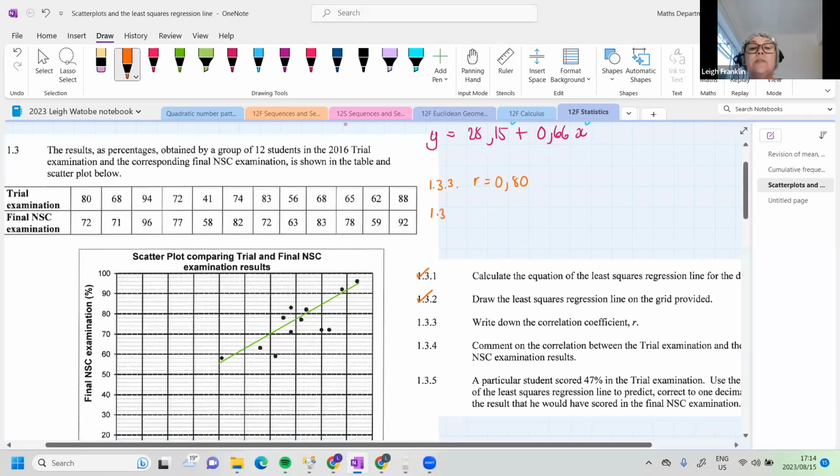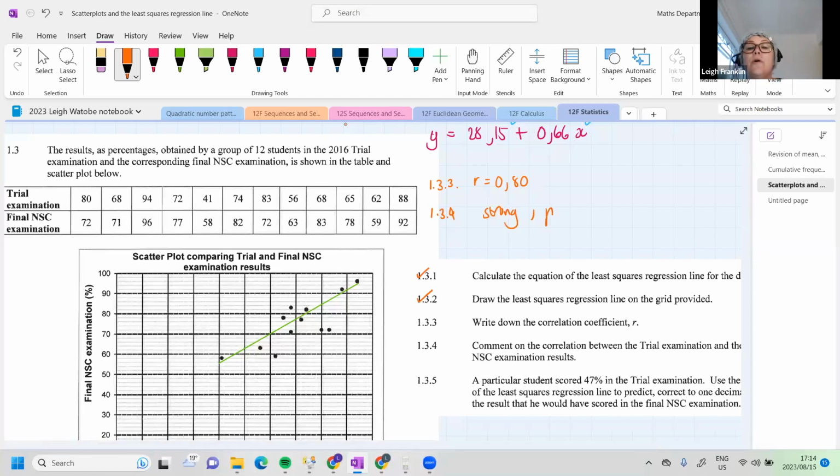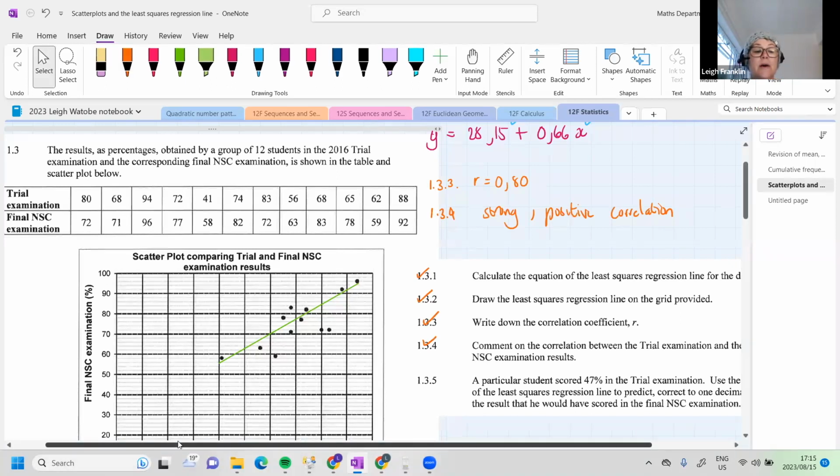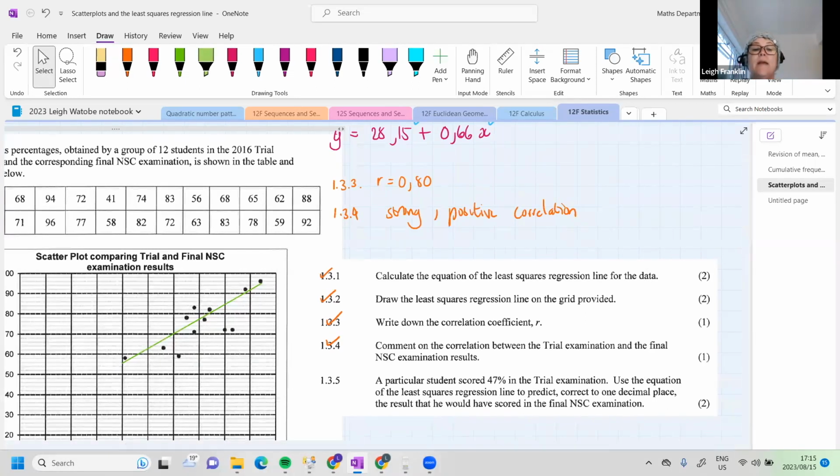So here we would say a strong positive correlation. Okay, good, well done. So that's that one and that one. Let's just check on the number of marks here. 1 and 1, so we'd get 1 mark for each of these.